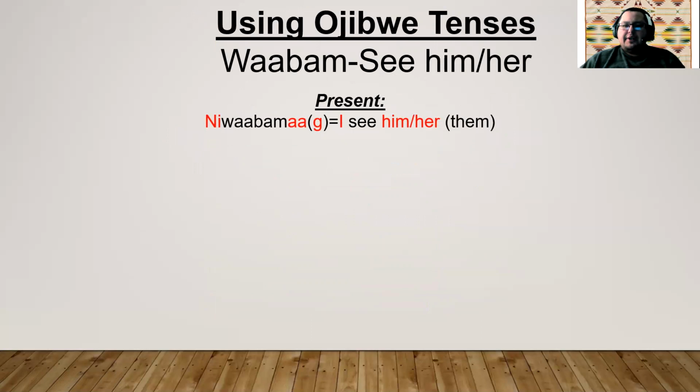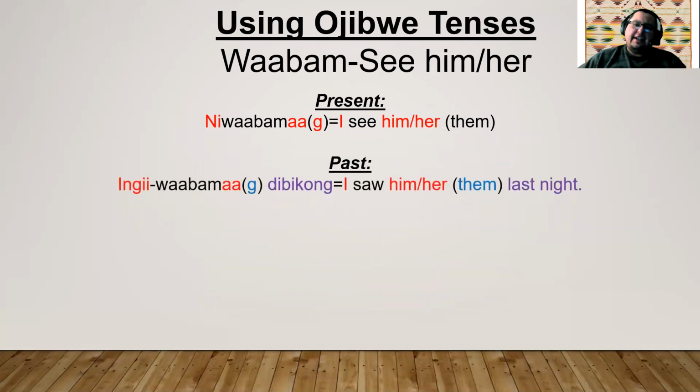Nawabama, I see him or her. Nawabamag, I see them. Okay, and I color coded this to help you along if you were a little bit confused about any of the things that I said. The color code is going to give us an idea of how these words are put together and where they go. So we have our first one here, Ingiwabama dibikung.